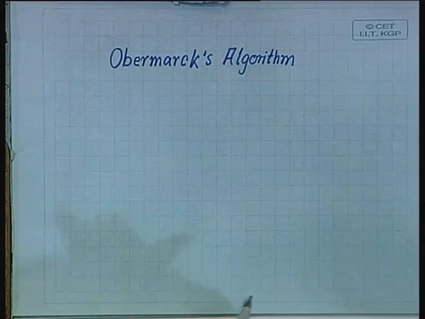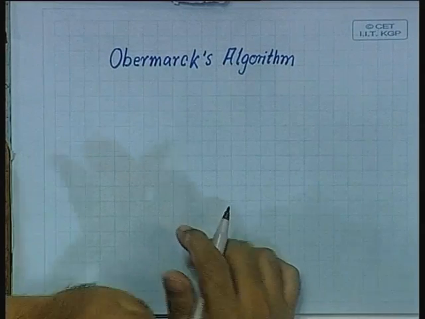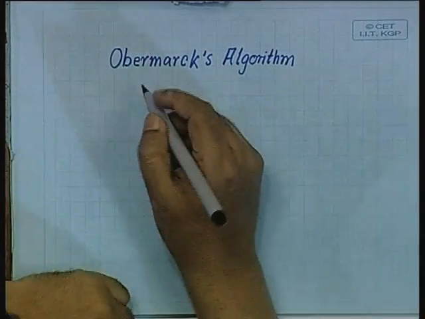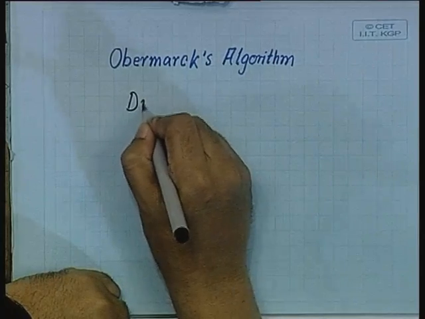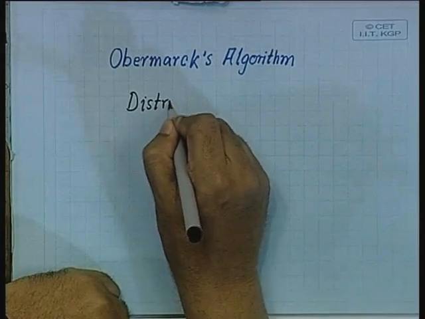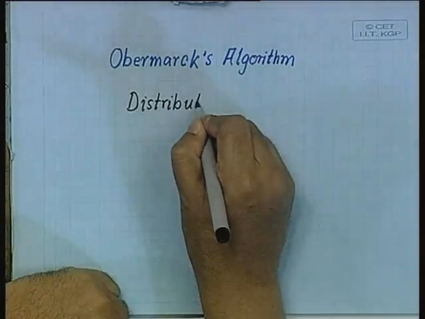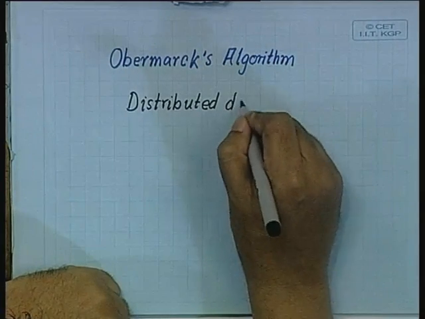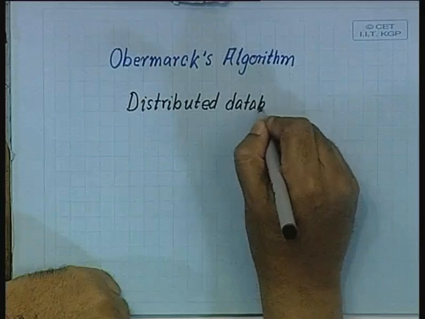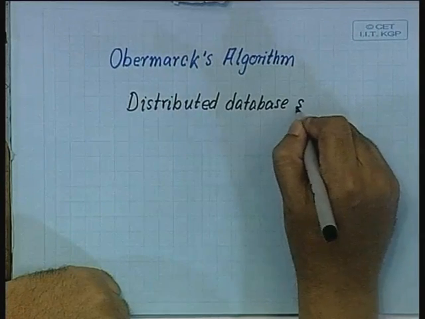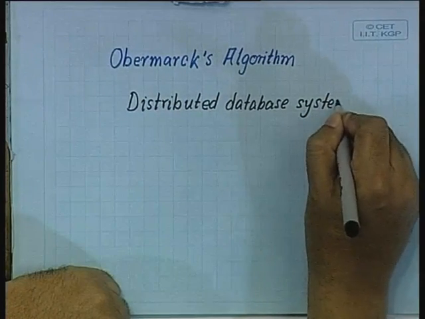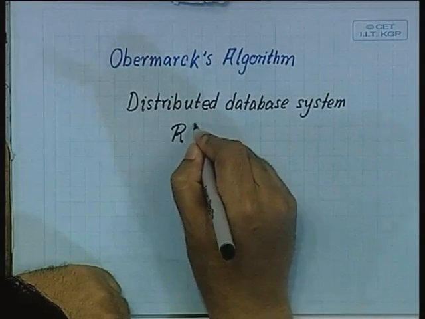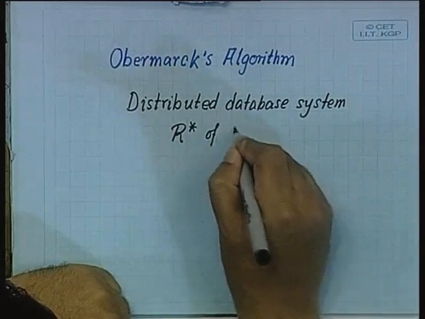Obermarck's algorithm. This algorithm was used in the distributed database system called R star of IBM.